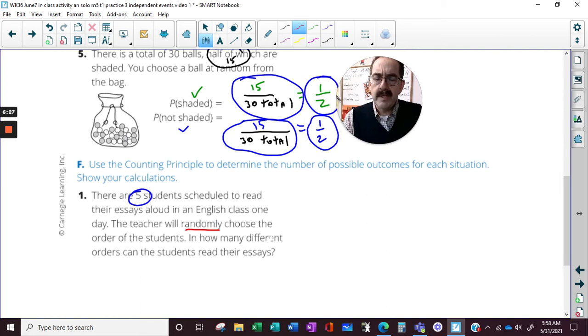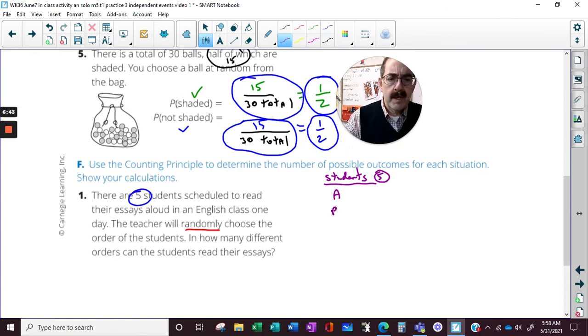How many different ways are there to read the essays? We have 5 students. We have 5 of them. A, B, C, D, E. Oh, random. Oh boy, there could be a bunch, huh?